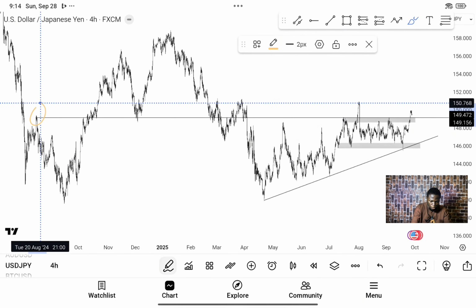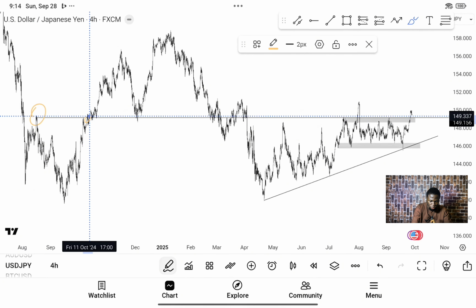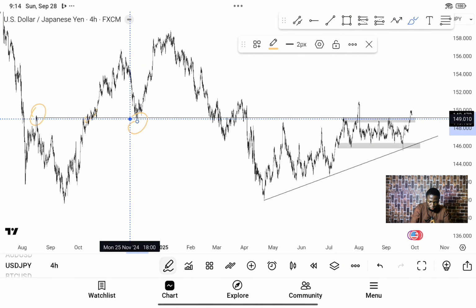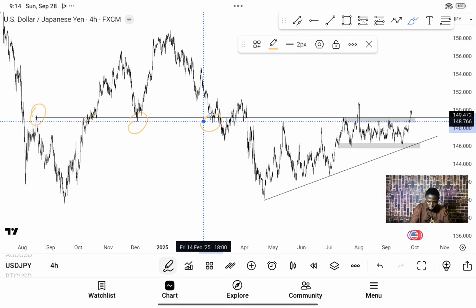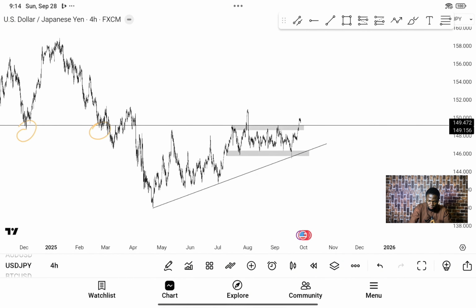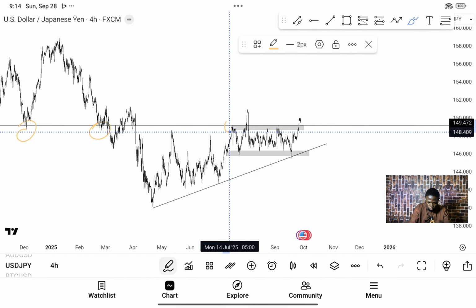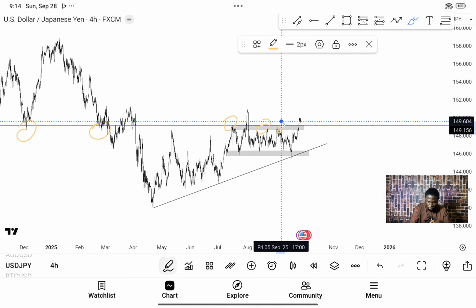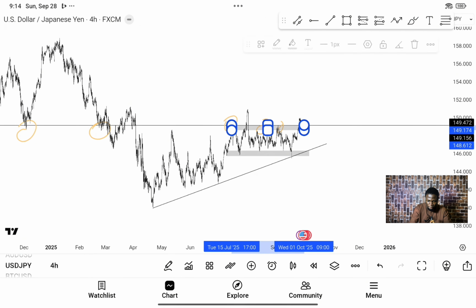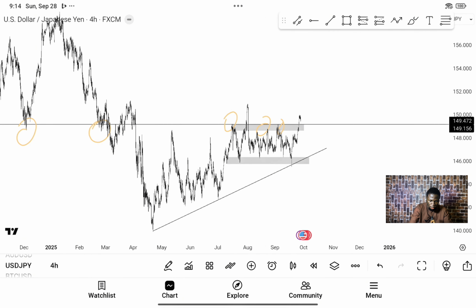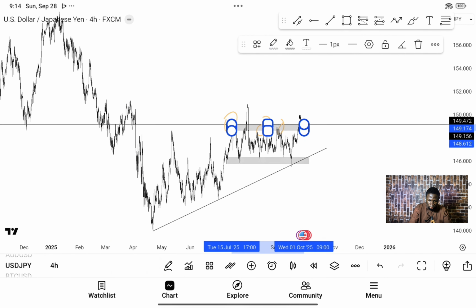It has been respecting this zone, came over to this zone, came here, touched here. This is what it has been doing. Then came over to this zone. So that zone is broken out. That means we should look for a buy entry instead of a sell entry.